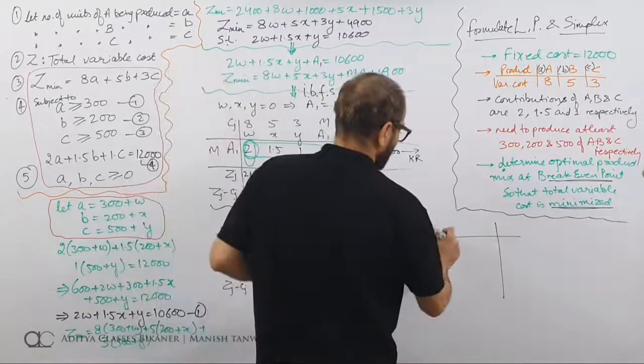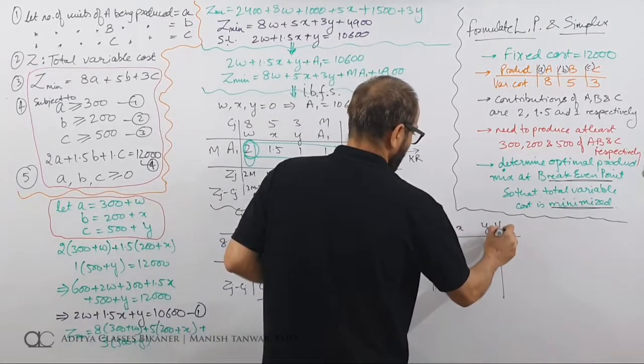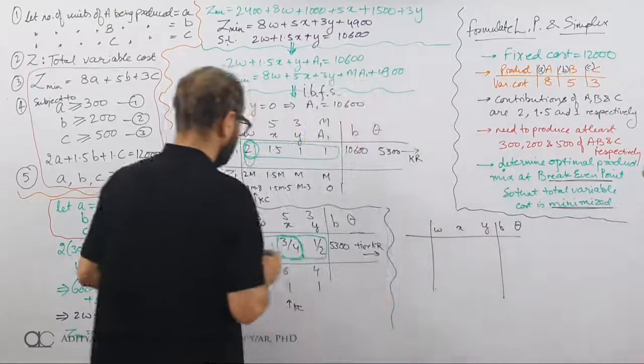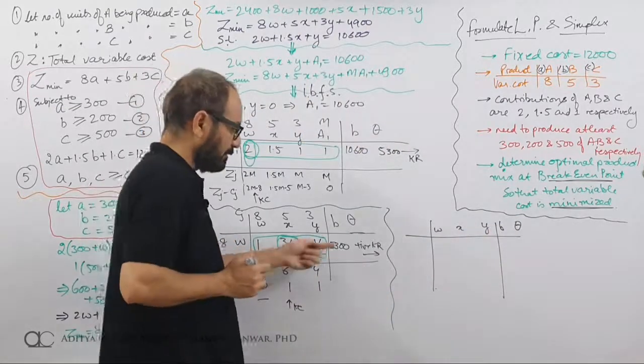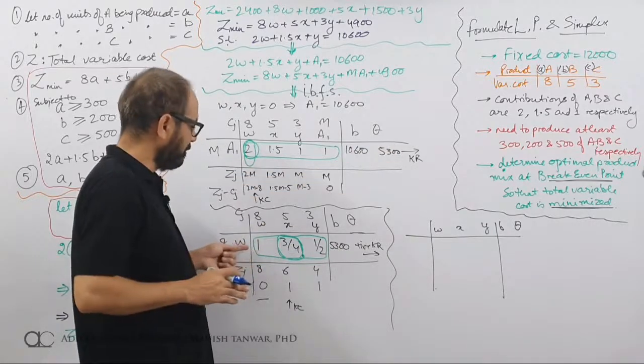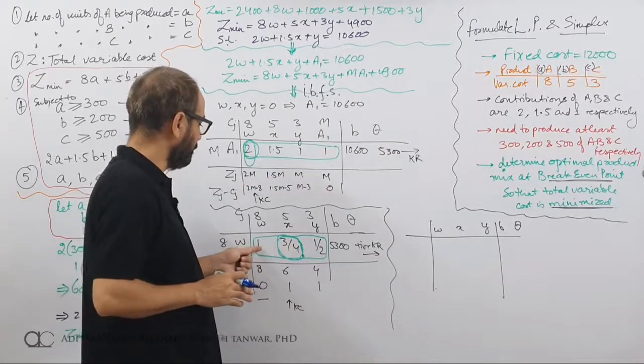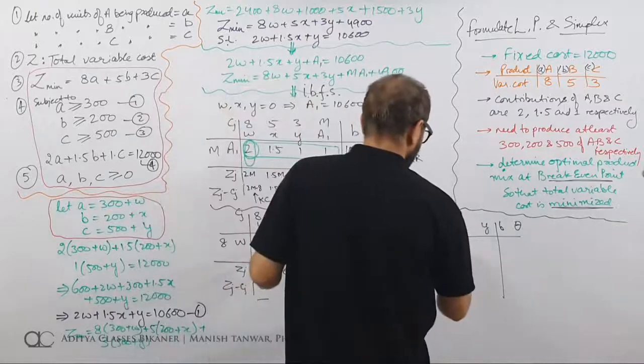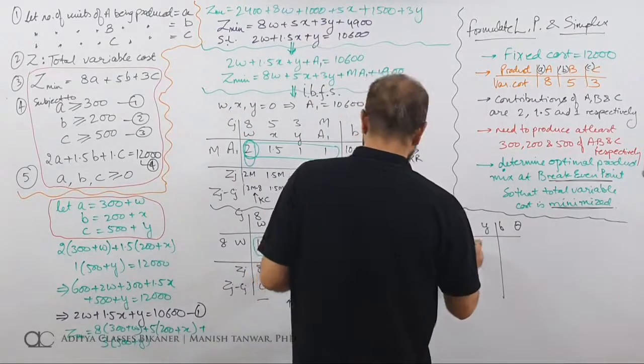W, X and Y, B and theta. Now, this is key row. How do we transfer key row? Dividing everything by key element. Divide everything by 3 by 4. If you divide 1 by 3 by 4, it becomes 4 by 3. This will become 1.